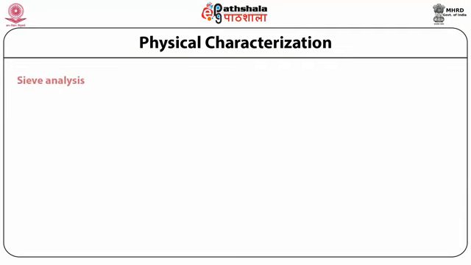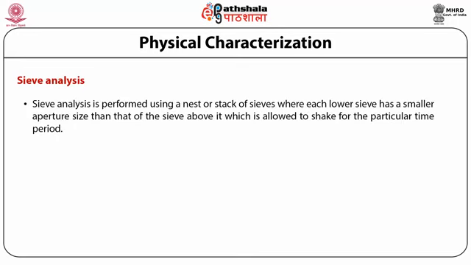Next technique is sieve analysis. Sieve analysis is performed using a nest or stack of sieves where each lower sieve has a smaller aperture size than the sieve above it, which is allowed to shake for a particular time period.